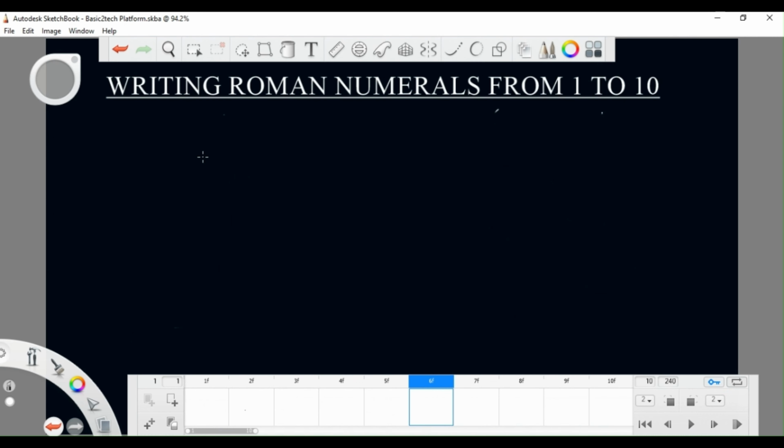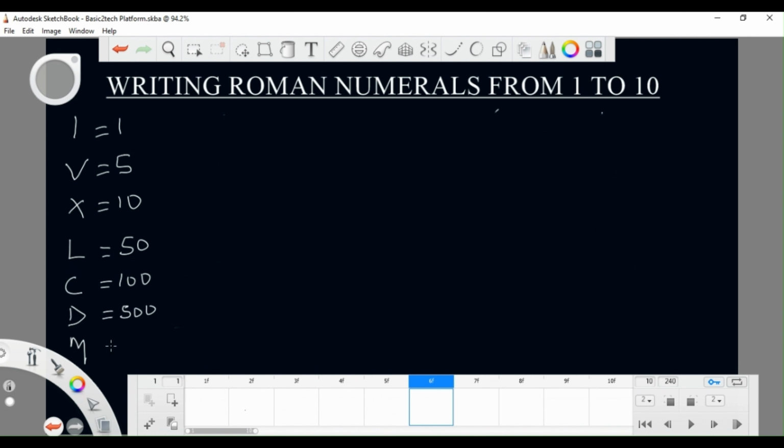All right, so let's write Roman numerals from 1 to 10. Remember, we have 7 symbols: I, V, X, L, C, D, and M. I is 1, V is 5, X is 10, L is 50, C is 100, D is 500, and M is 1,000.